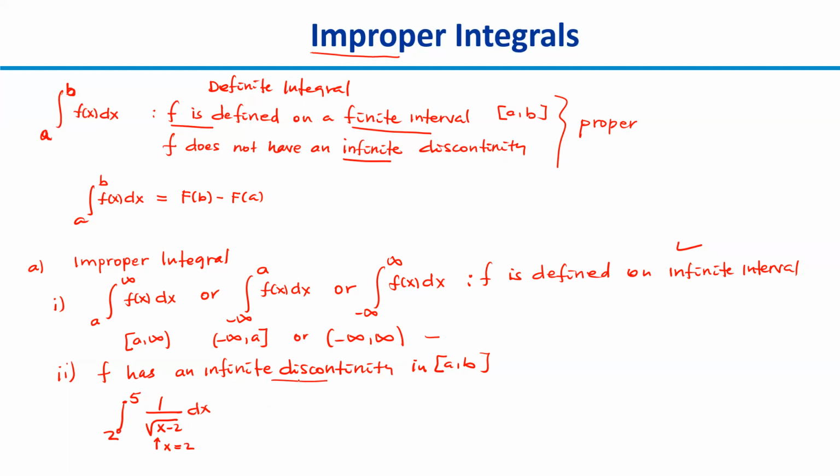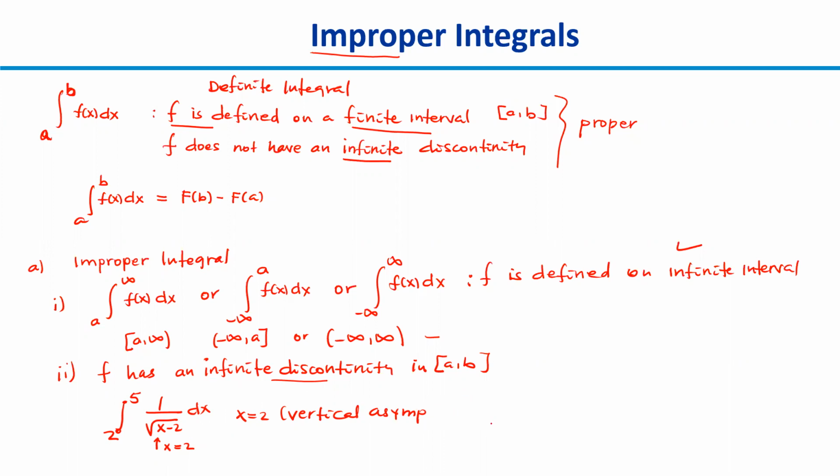It is not a single point or a finite number of discontinuities, but x equal to 2 is a vertical asymptote. If it is a vertical asymptote, you can imagine that we have infinitely many points. That's why if f has an infinite discontinuity, the integration from a to b is also treated as an improper integral.